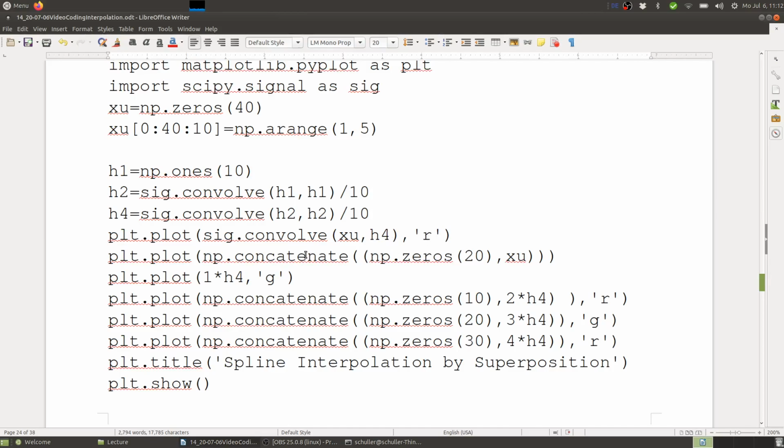And here you can also see the individual contributions of the shifted and correspondingly weighted spline functions. And then basically the overall function corresponds to the summation of all those individual spline functions.